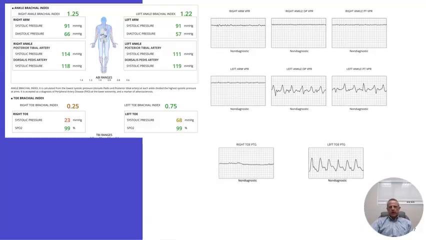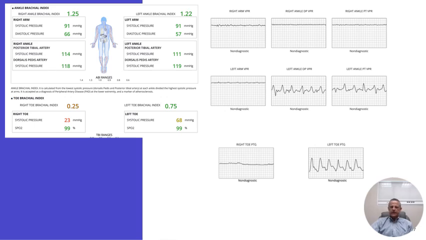Here's an instance where the right TBI and the right waveforms are markedly dampened, almost to the point of being non-diagnostic, as compared to those on the left, which are more consistent with triphasic. This is a patient where the arm waveforms are also significantly flat, and this may be a patient variable from, say, cardiac output or some such condition, or there may have been some error in the test being performed itself.